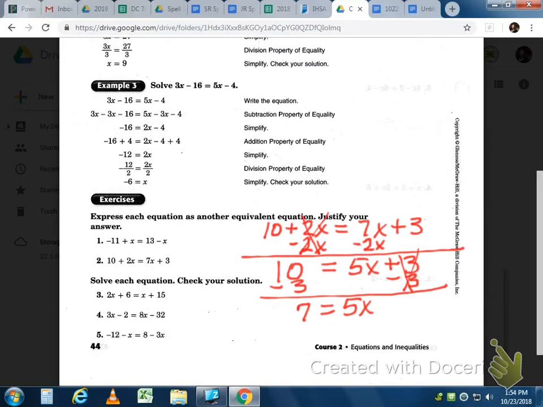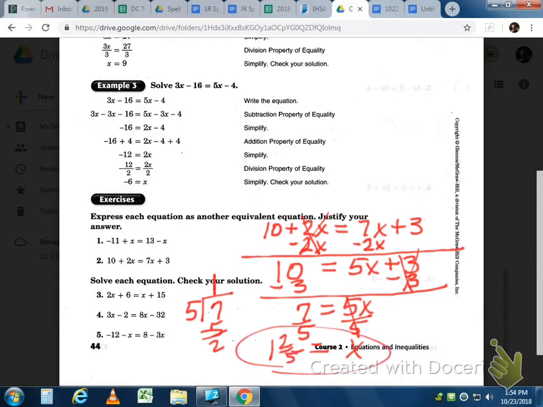Divide. And x equals 7/5. Remember, you have to change that to a mixed number. 5 goes in there 1 full time, with 2 left over. So 1 and 2/5 equals x.